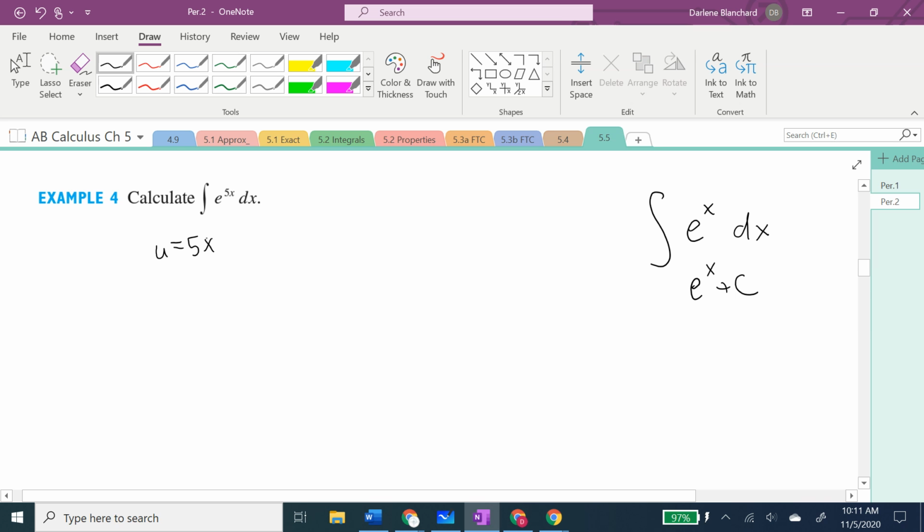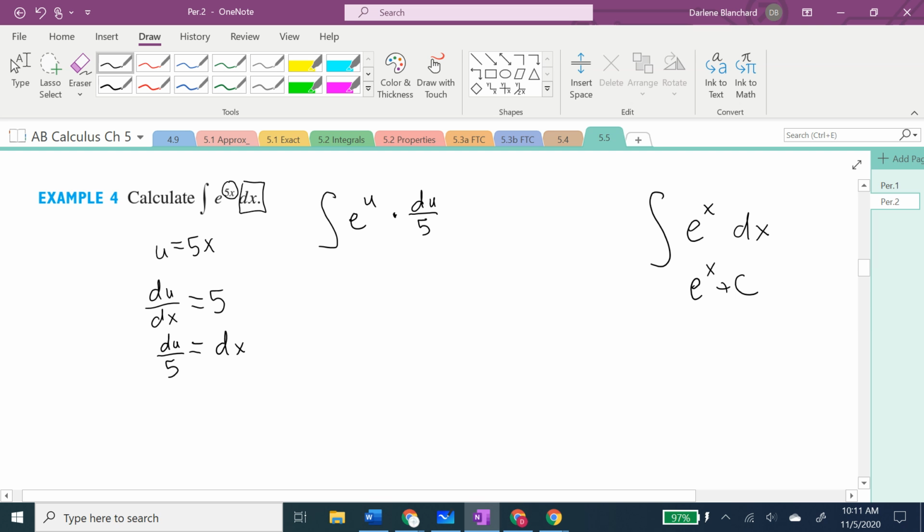we're going to let u be equal to 5x. We take the derivative of u with respect to x, and that is 5. I multiply the dx over to the right, and I divide the 5 over with the du. And then I rewrite with the substitution. So this is the integral of e to the u, and dx is replaced with du divided by a constant.